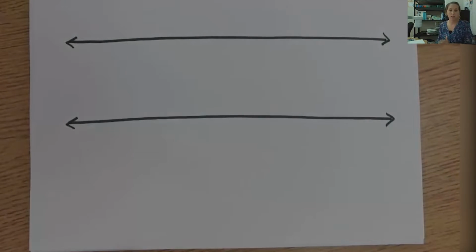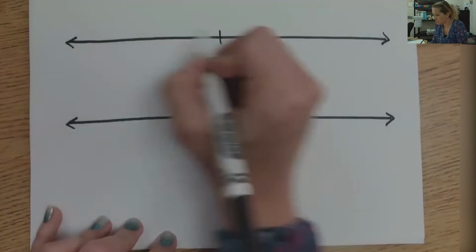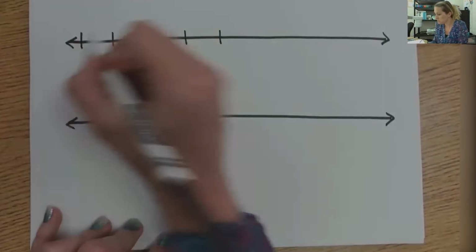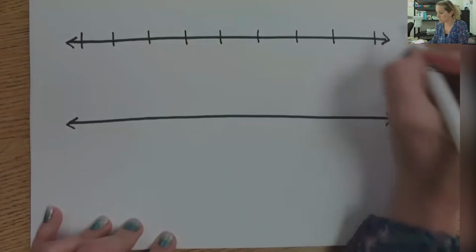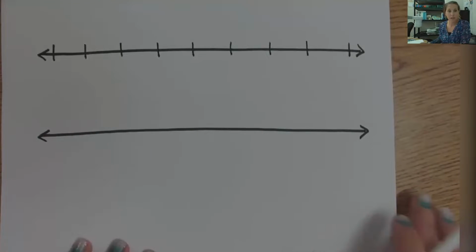One of those number lines needs to be partitioned or divided into eighths, and the other needs to be partitioned into thirds. Let's do the top one into eighths. Okay, does your number line look like this? Let's do the bottom one into thirds.